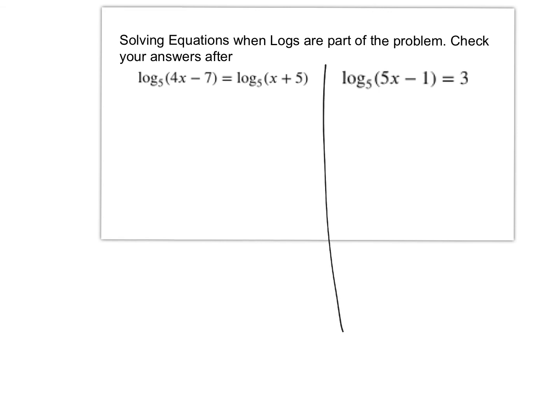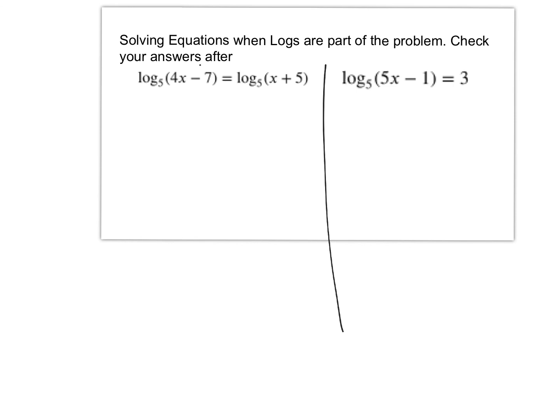Alright, so again, first thing I notice here, I have log base 5 of 4x minus 7, log base 5 of x plus 5. Now the nice part is, I need to get rid of the logarithms first. So I'm going to give this a new base, which is kind of weird.